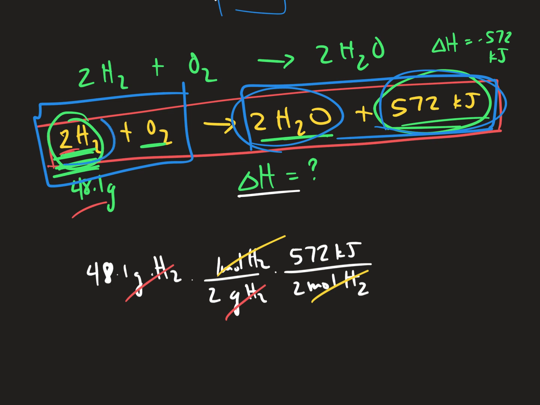So for every 2 moles of H2, we release 572 kilojoules of heat. Make sense? Yeah, just because what the question is calling for essentially tells us to ignore the other. That's right. And we could figure out how much water we make too, but we don't care in this particular problem.